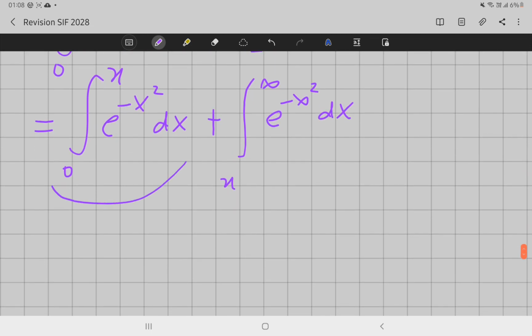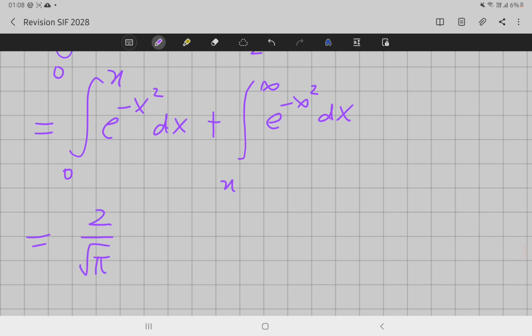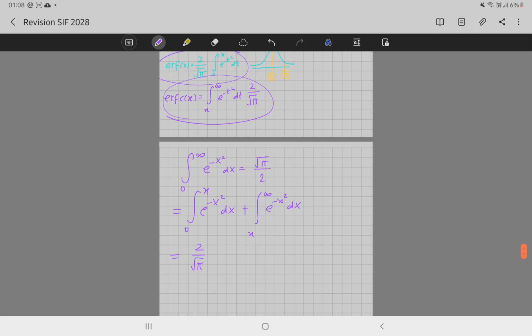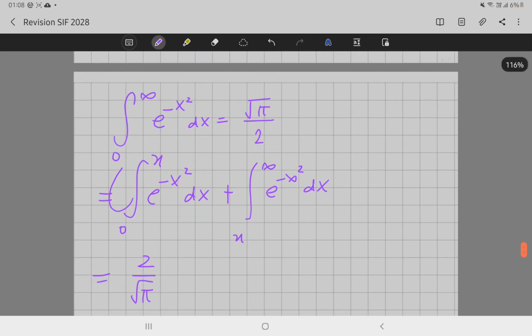This one we know: it is the error function, but it has no normalization constant, so it is the same as the error function of x times square root pi over 2.